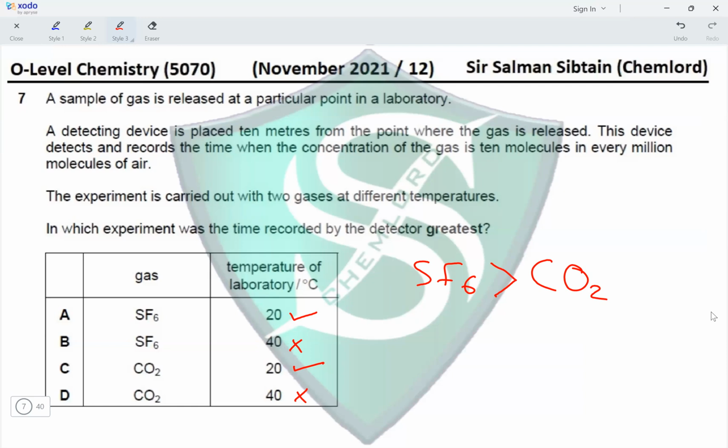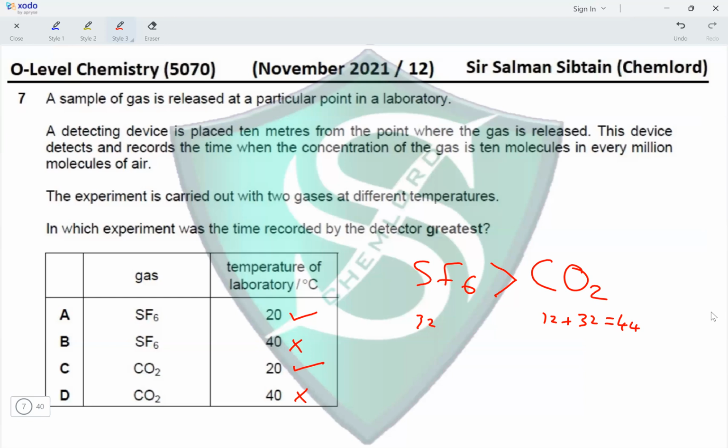We don't even need to calculate it here because sulfur has an Ar of 32. Oxygen has an Ar of 16, so 16 plus 32... We add 12 for carbon, getting 44. And we have 6 fluorine atoms present, so the mass would be greater than 44, because the mass of one fluorine is 19, if you remember.